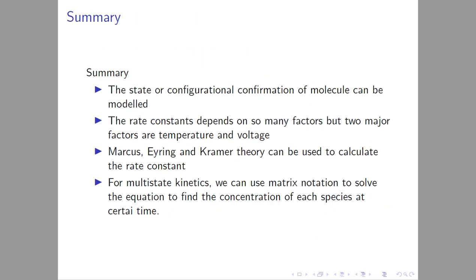Okay, so the last one, the summary. Here what we can see is that the conformational change of a molecule can be modeled as dA over dt equals minus alpha A plus beta B, and dB over dt equals alpha A minus beta B. For example, the rate constant depends on so many factors.